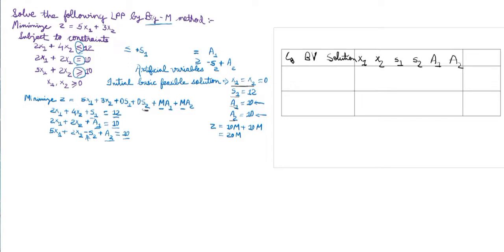Over here our basic variables are s1, a1 and a2. And the coefficients of those basic variables we have to write from the objective function. So here in the objective function, the coefficient of s1 is 0, of a1 is M, and a2 is also M. So it will be 0, M, M. Now in the solution, which is the right hand side of the constraints, that is 12, 10, 10.